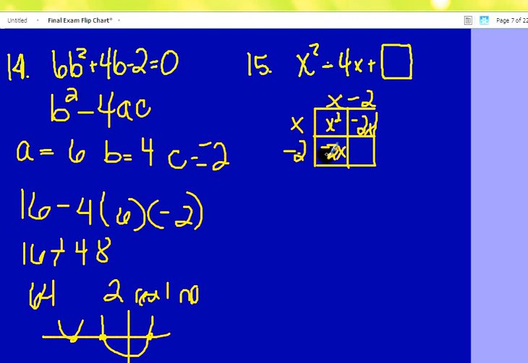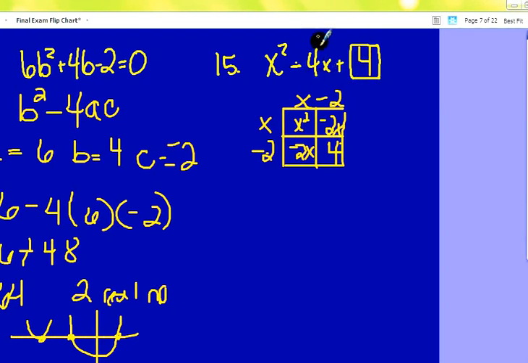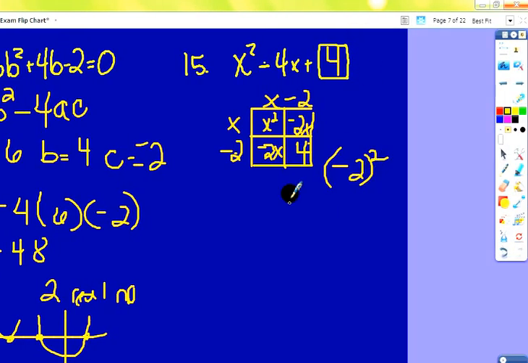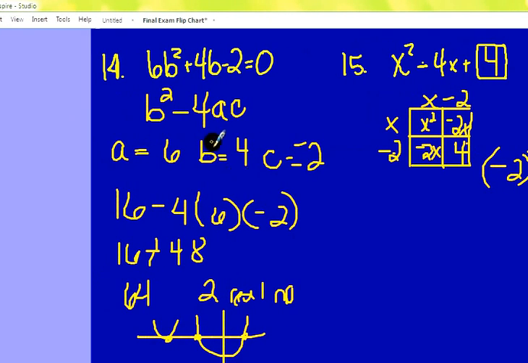Negative 2 times x gives me negative 2x. Negative 2 times negative 2, this is the missing number, is 4. Now obviously there's a shorter way of doing this, but I wanted you to understand why it's called completing the square. Take half of b, which will be negative 2, and then just square it, and you'll get your answer that goes in the box. Ladies and gentlemen, that concludes the second video.